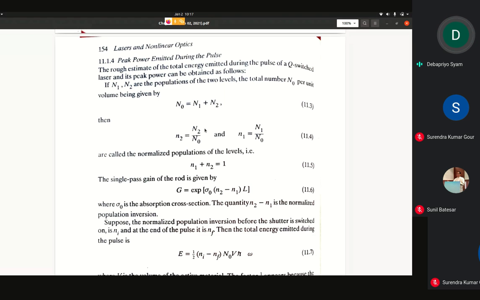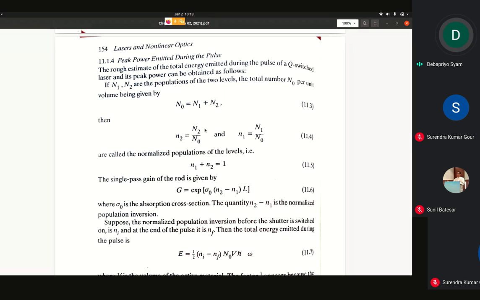Initially, the population inversion is large, but when the electric field is removed, a giant pulse is produced because the excited atoms de-excite to the ground state. So the population inversion becomes small. So Ni is large, Nf is small. Ni is large at the moment when the electric field is switched off, not on. And later when the pulse is delivered, it goes to Nf. So how much energy is delivered?